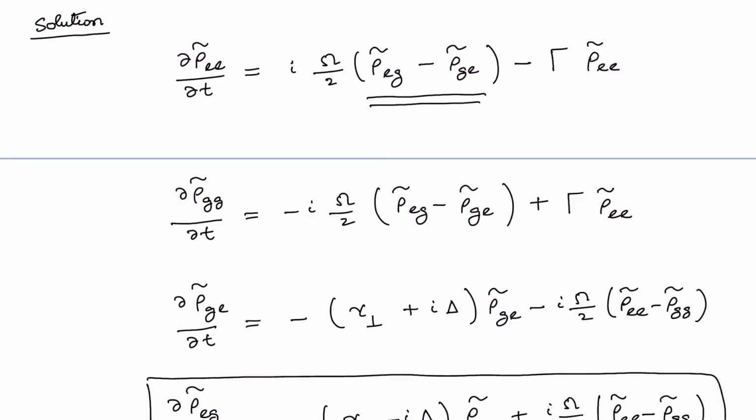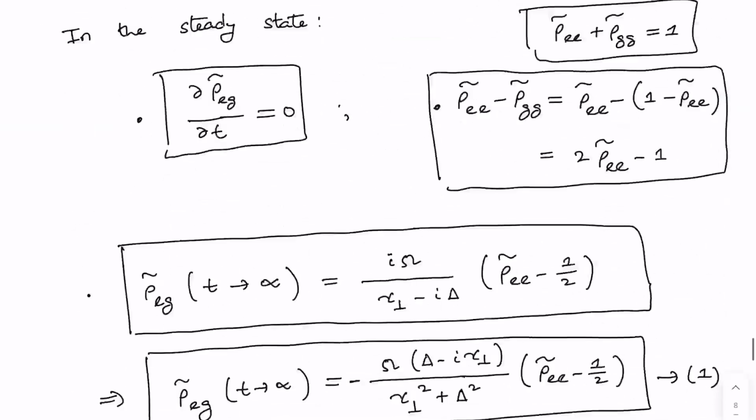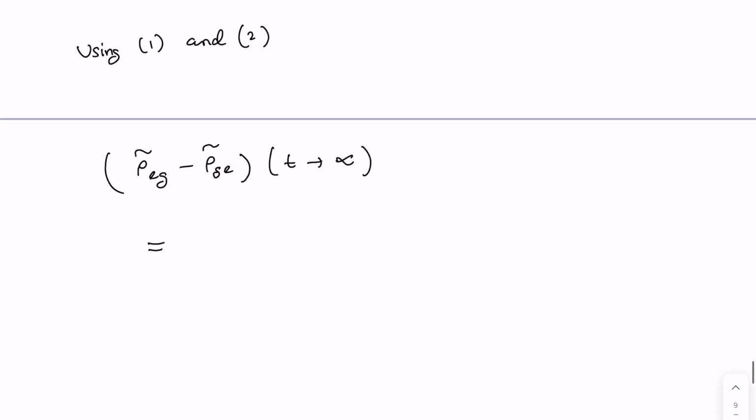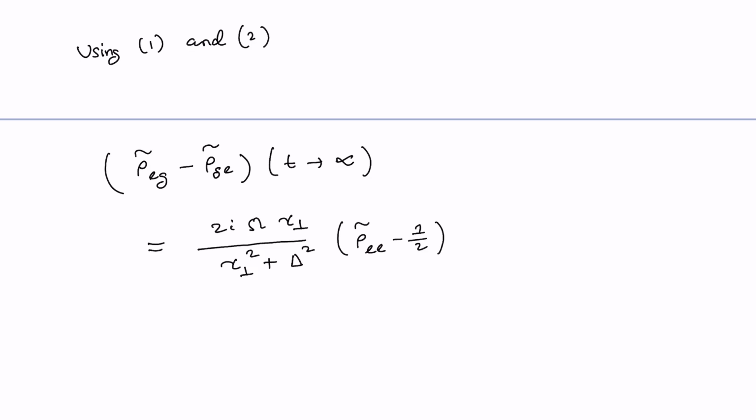I can get this just by using equation 1 and 2, and if you just subtract them, you will get 2I capital omega gamma perpendicular divided by gamma perpendicular square plus delta square, and you have rho tilde EE minus 1/2. Okay, so let's say this is my equation number 3.